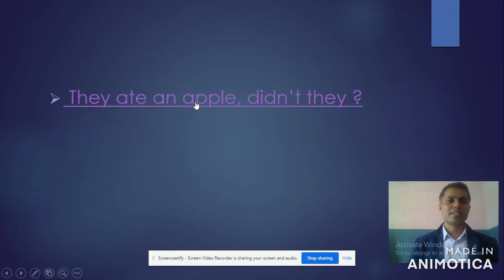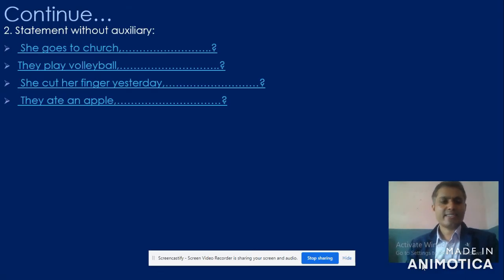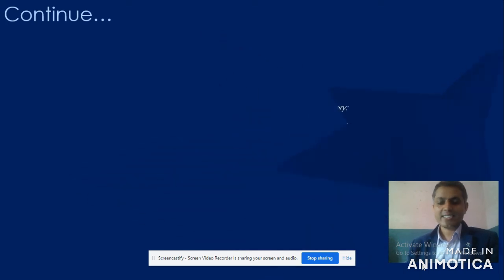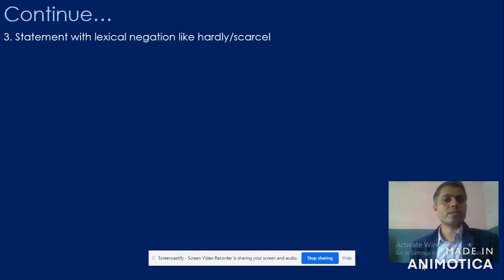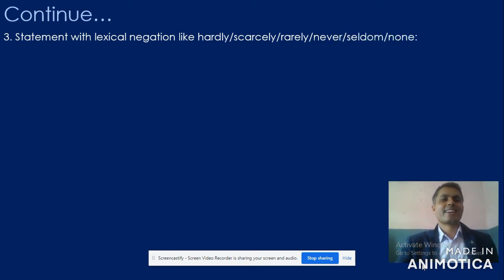Well, my dear student, now look at the next category under the rules of the question tag: statements with lexical negation like hardly, scarcely, rarely, never, seldom, none.